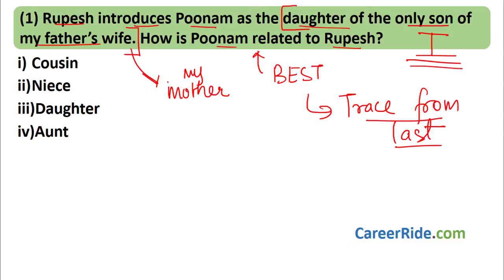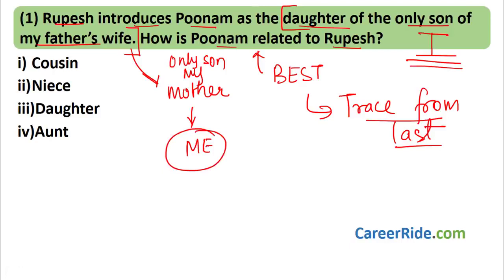We have already learned that when they give only son or only daughter, and if it is you, then we have to consider they are talking about you. So only son of my father's wife means only son of my mother, and I am a boy, okay? So only son of my mother will be me, myself.